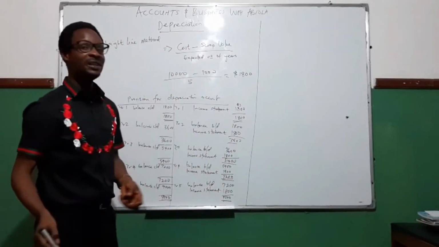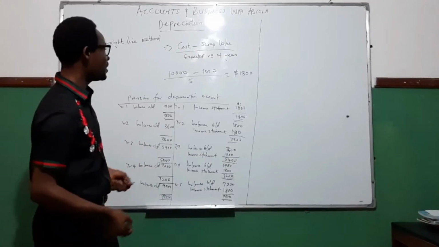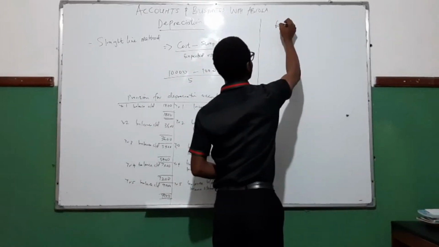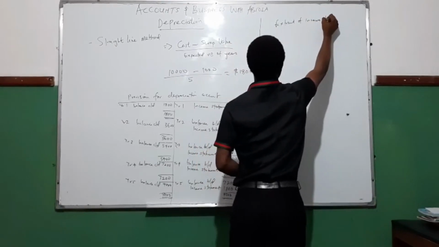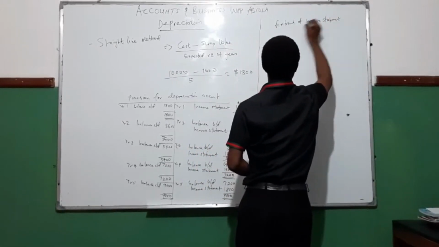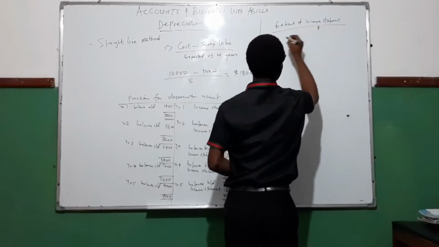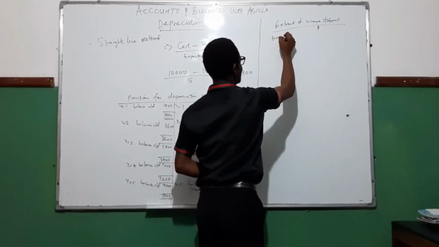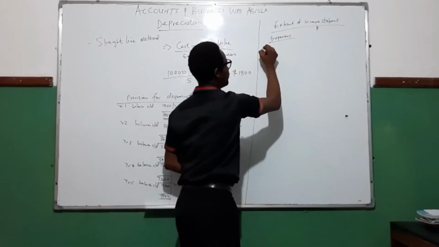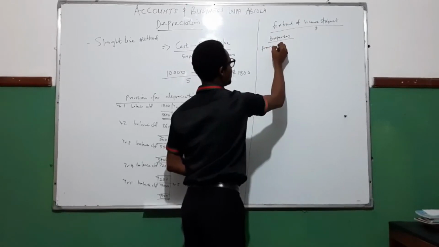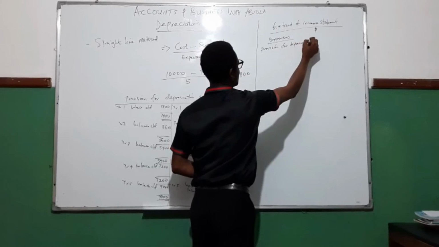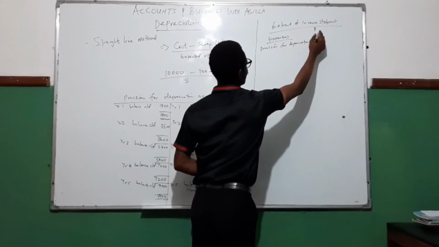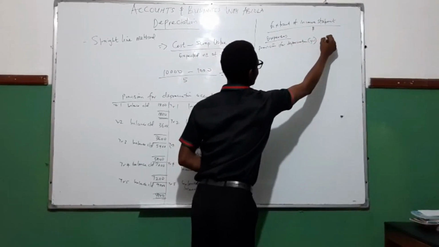So if you are preparing the extract of income statement for the 5 years, it will be shown on the expenses side as provision for depreciation. For year 1 it is 1,800.